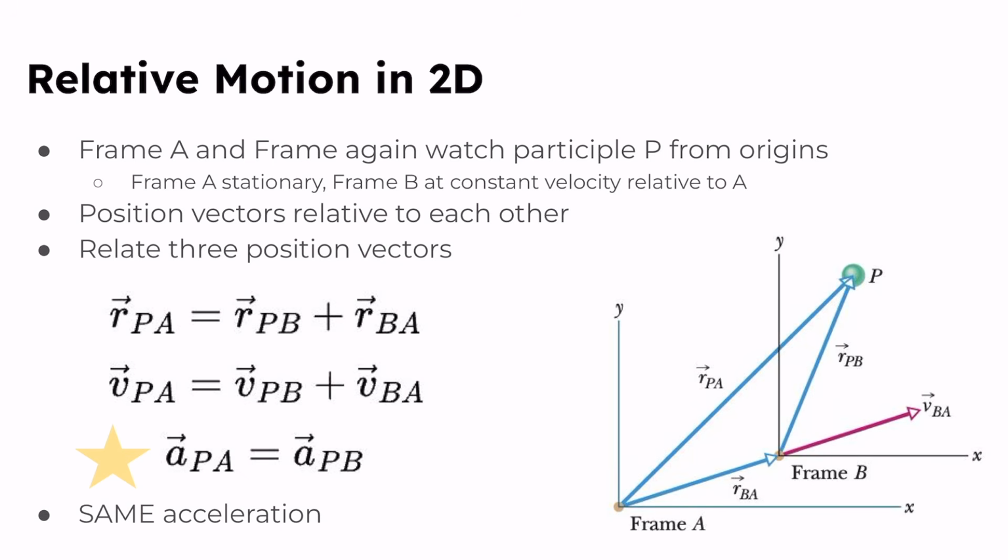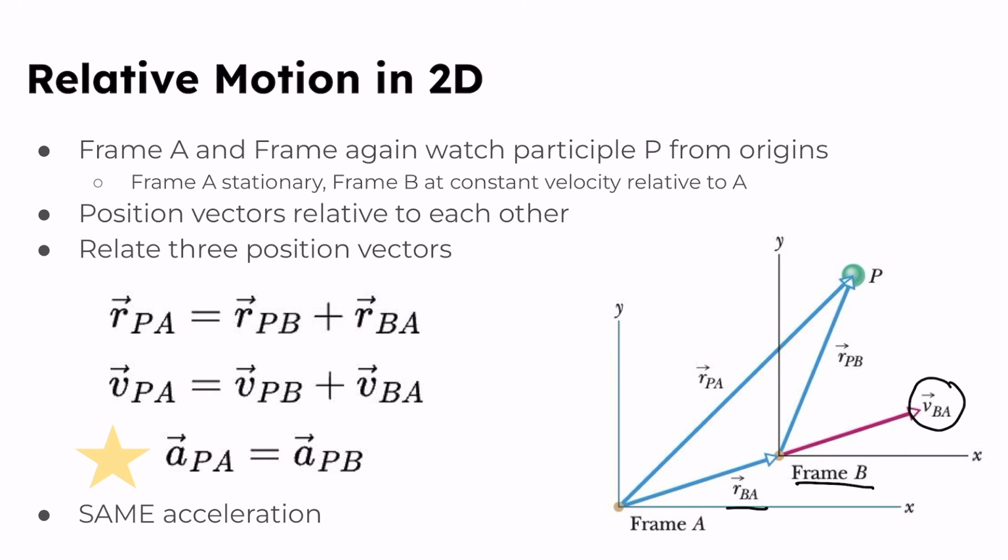Again, we're going to focus on this graph on the bottom right corner, where we have 2 observers watching the same particle P from their different origins of reference, frame A and frame B. Frame A over here is at rest, while frame B is moving at some constant velocity VBA, which is a vector in this case, relative to A. Let's say we are at some certain instant during the motion, and at that instant the position vector of the origin B relative to the origin of A is RBA.